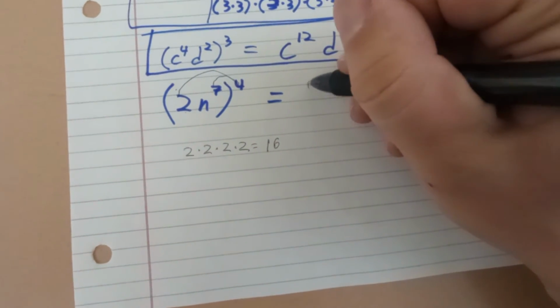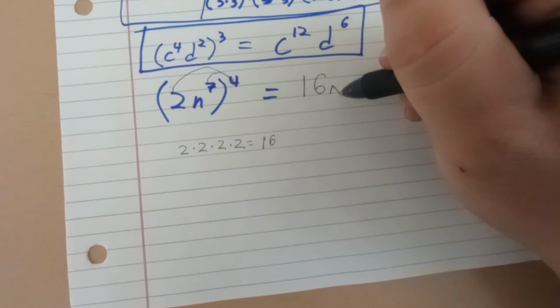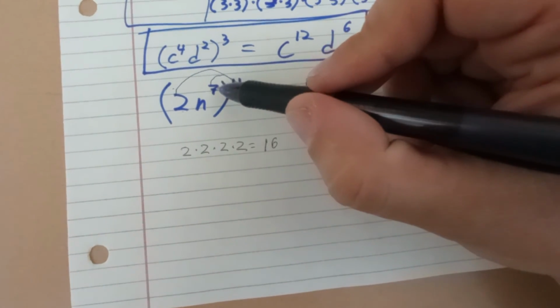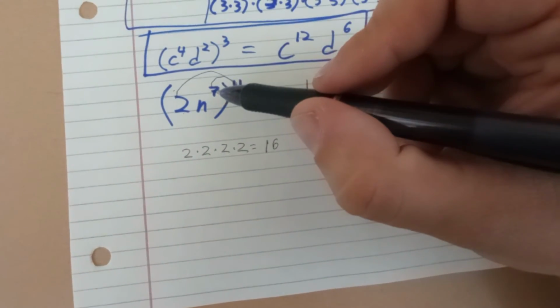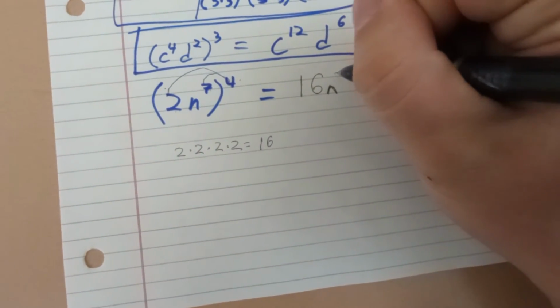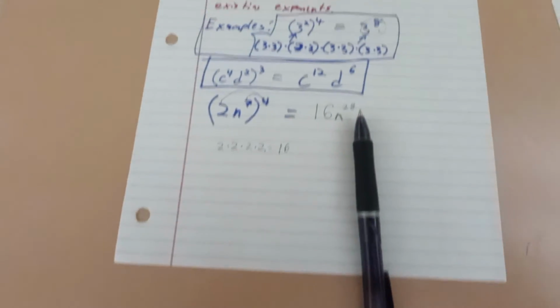So my whole number for this would be 16. And then we still have our variable n. And we have our exponent, 7 times 4, which would be 28. And that would be our answer for that.